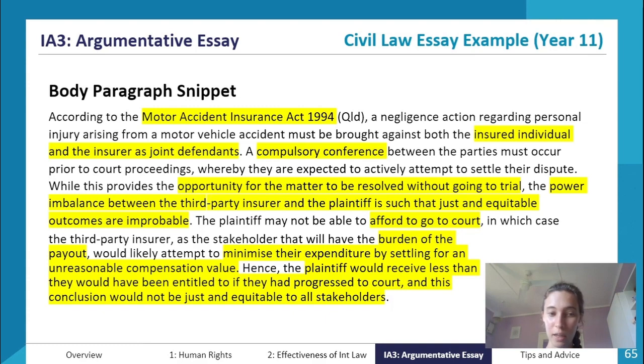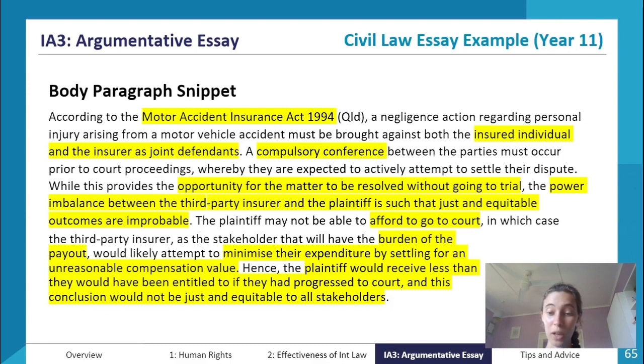So you can see the analysis here, where I'm giving an example of why this is good. It provides the opportunity for the matter to be resolved without going to trial. They have a compulsory conference system, but the power imbalance between the parties involved doesn't result in those just and equitable outcomes.